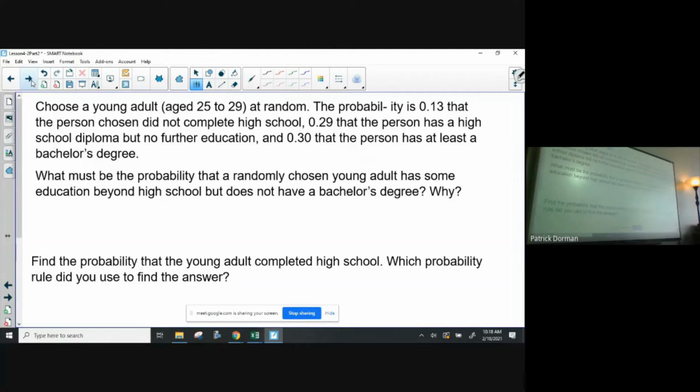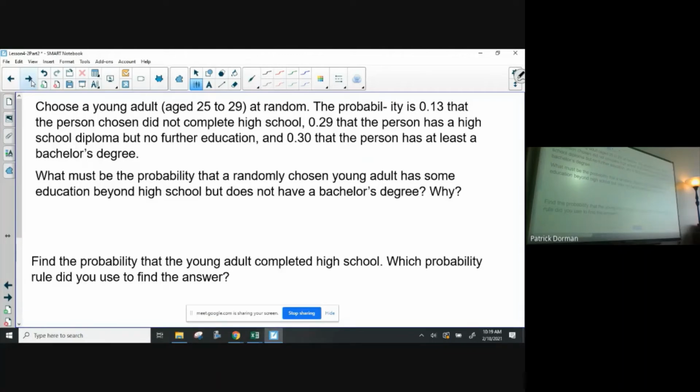If you choose a young adult age 25 to 29, that's what they're saying a young adult is, at random, the probability is 0.13 that the person chosen did not complete high school, 0.29 that the person has a high school diploma but no further education, and 0.3 that the person has at least a bachelor's degree. What must be the probability that a randomly chosen young adult has some education beyond high school but does not have a bachelor's degree?